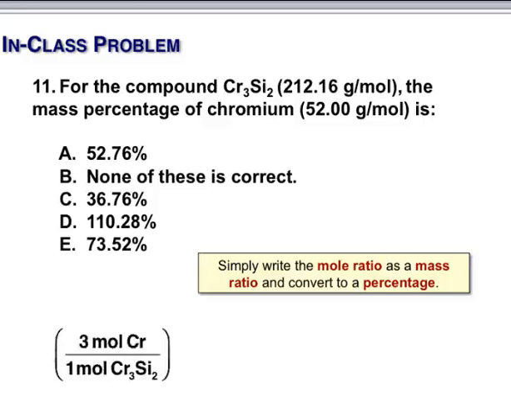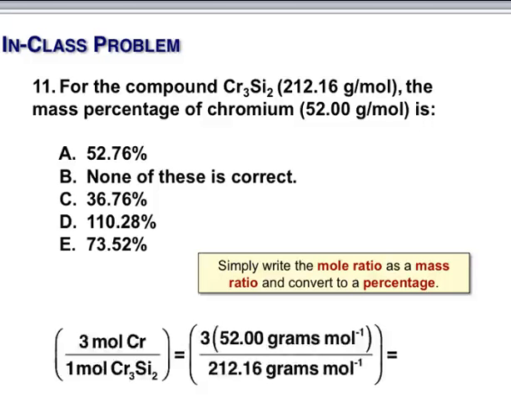Every chromium weighs 52, and there are 3 of them. One of these weighs 212. Simply do our math. 3 times 52 divided by 212. Move our decimal 2 places to get percentage, and round it to 73.52.